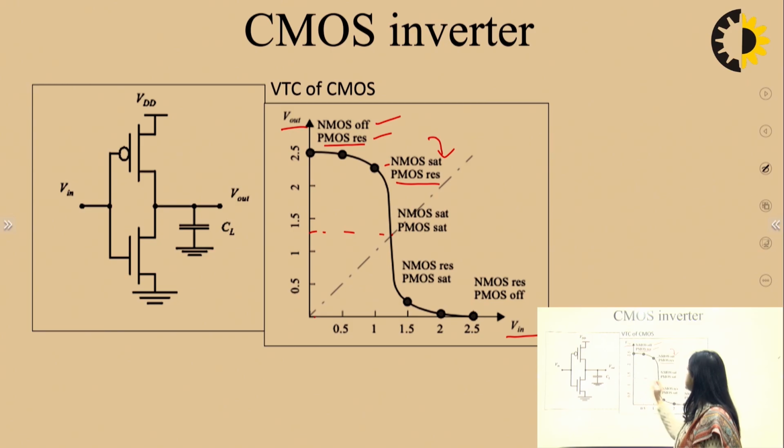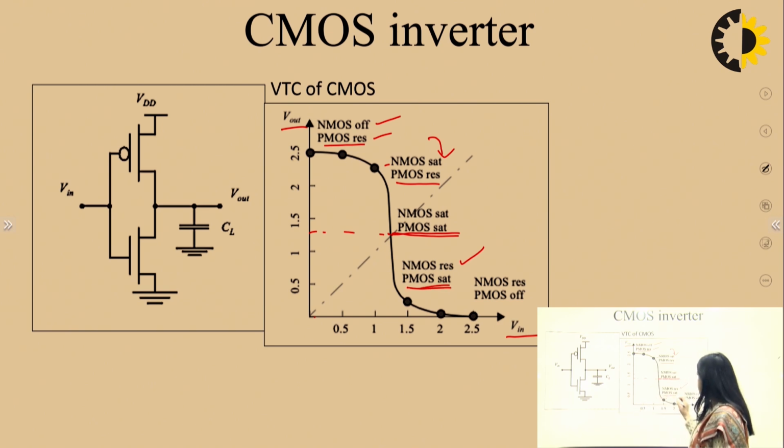Just at this point, both NMOS and PMOS are in the saturation region. Then, when the input is very high and the output is reduced from a certain level, that means the output is basically VDS. When VDS is less, NMOS enters the linear region and PMOS is in the saturation region.